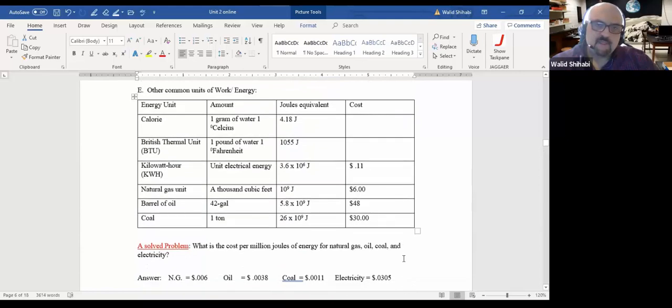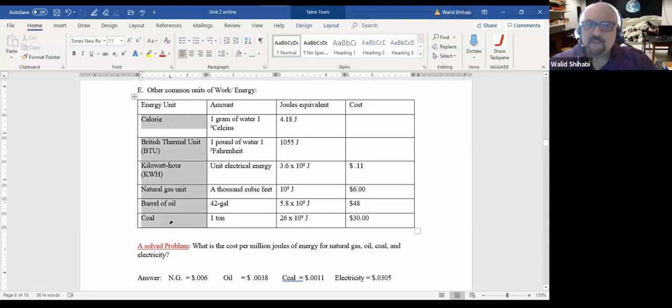Those are the types of energy units. Okay. As we mentioned, the metric unit is the joule. But we have other units that are used by the metric system, and also by the British system. Calorie, that's different from food calorie, by the way.